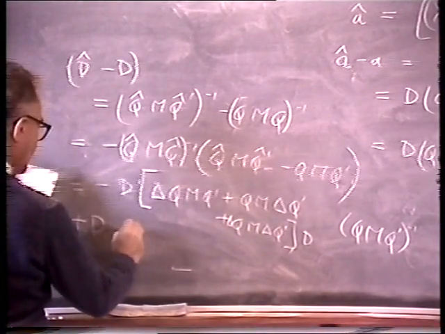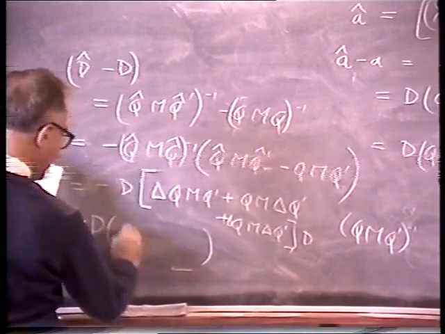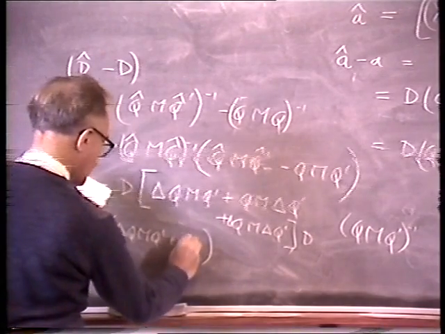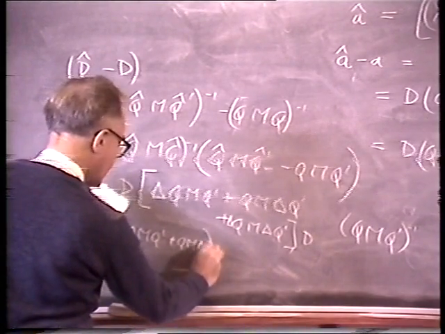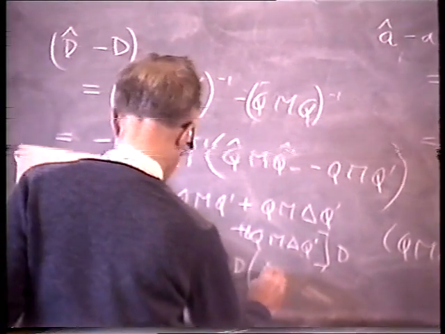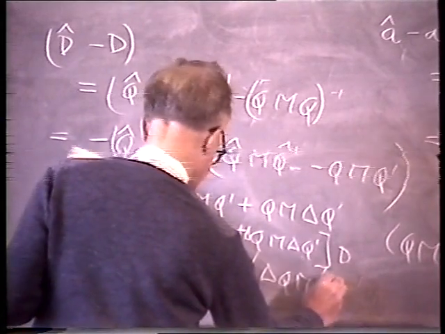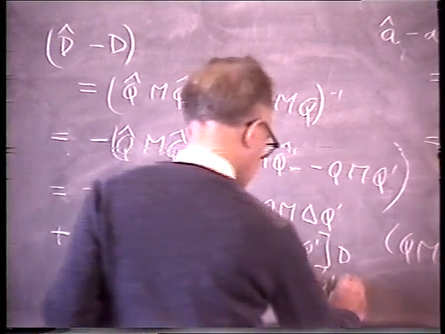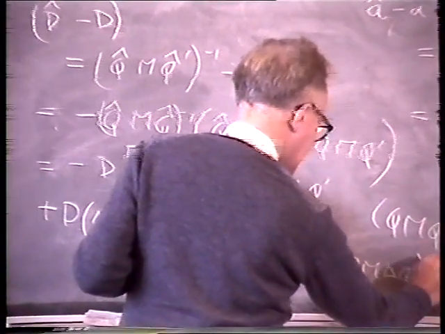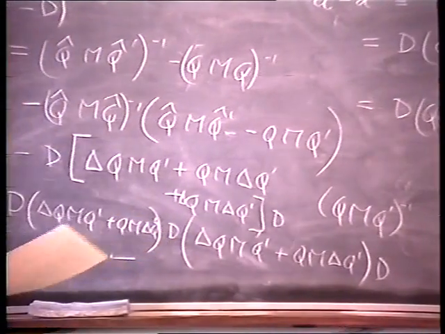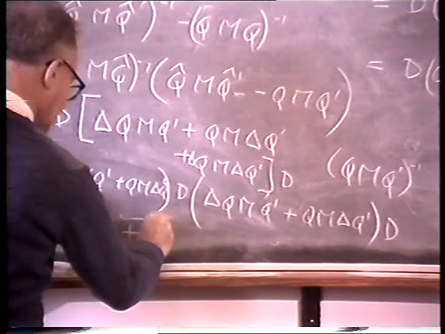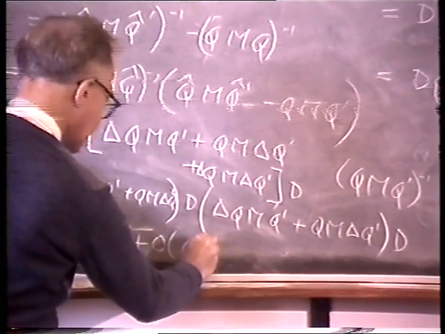plus d, and then you have the first term here, which is delta q m q prime plus q m delta q prime, and then you have d again, and then you have the same thing again, delta q m q prime plus q m delta q prime multiplied by d, and then we can say simply plus, if you like, order delta q cubed.